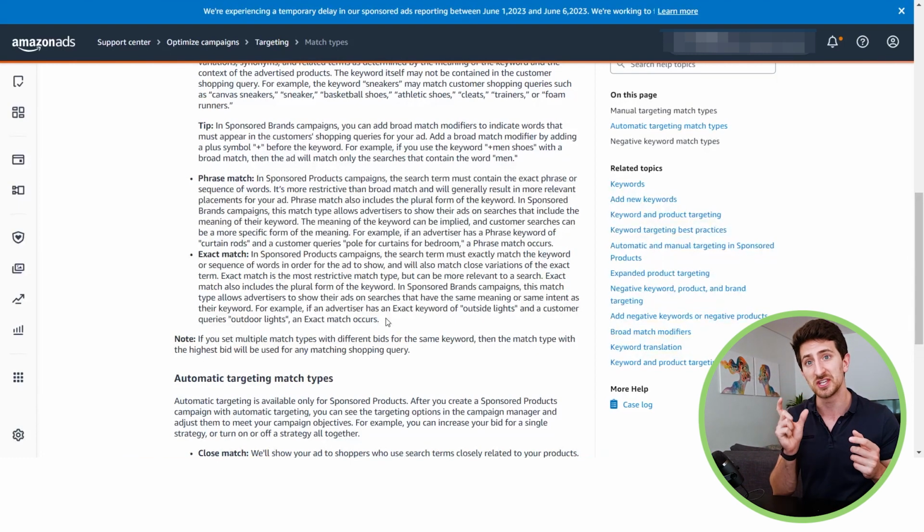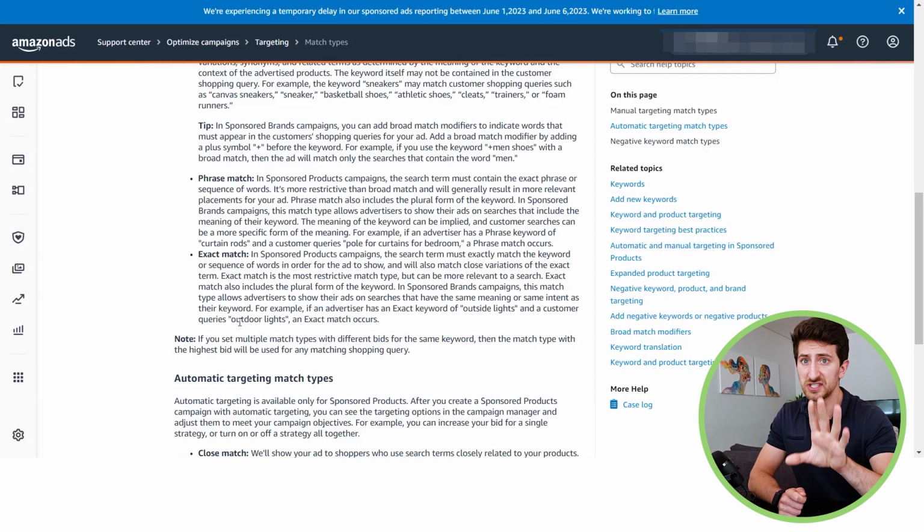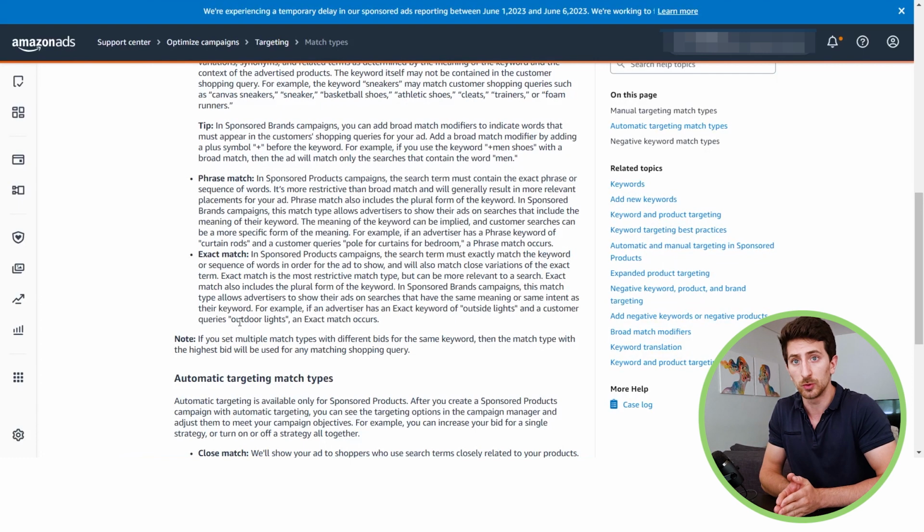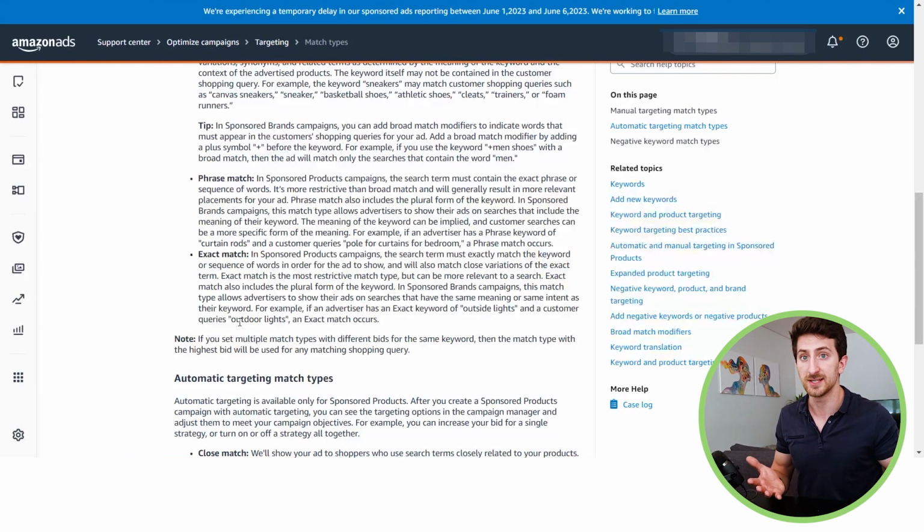So Amazon is changing outside to outdoor because they're very similar. What is the problem of this? That outside lights and outdoor lights could have different conversion rates, and this will lead to different bids. So we need to be aware of these changes, because maybe when we are targeting a keyword like outside lights, the search term could be different.